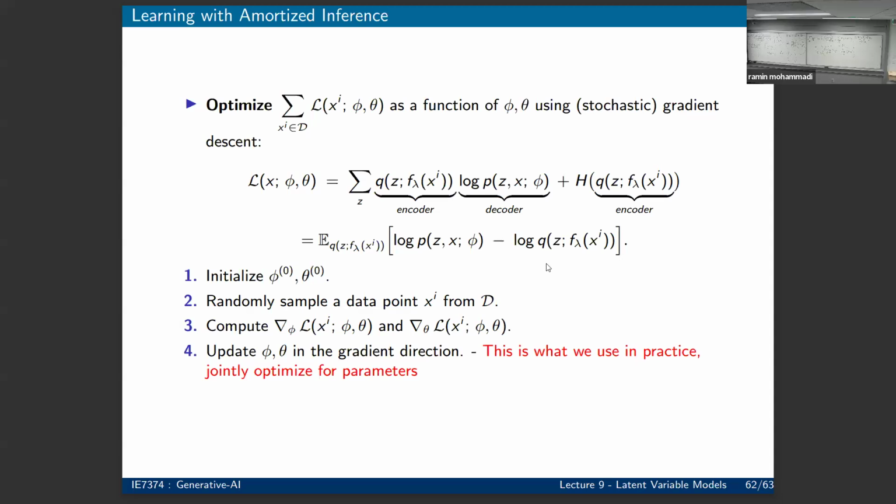In the previous version, you loop through theta as much as possible until your theta gets to the point that you cannot update it anymore. Then you go to phi. Here you do it all at the same time. Because you only have one model for theta and one model for phi, you just update them in one backpropagation.